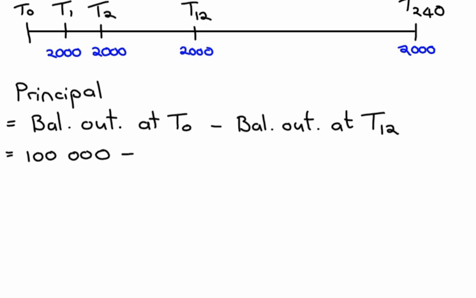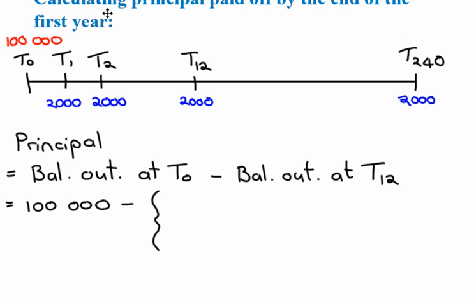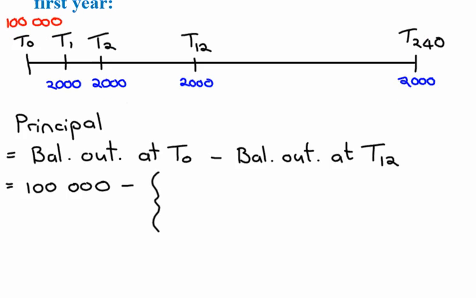Now, remember how we calculate balance outstanding? I'm using squiggly brackets just to help lay this out a little bit. To calculate balance outstanding, we take the 100,000, let it accumulate interest to T12, and we subtract the future value of all of these payments each month at T12.